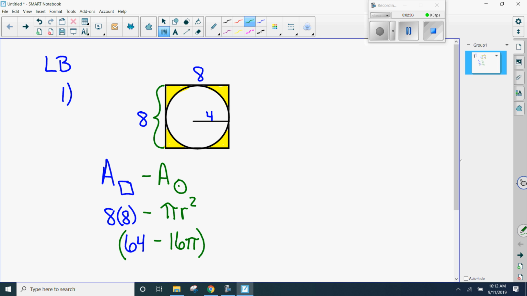Some of us had a problem with the 64. What are the units? Square meters. So I think I would rework that somewhere if you happen to have missed that problem. Is there a question on where any of those values come from? We're good? All right, number 2.